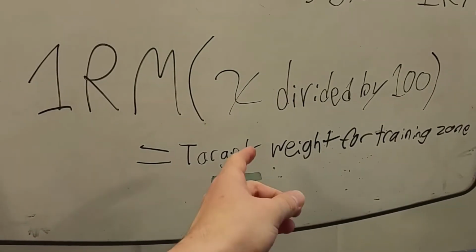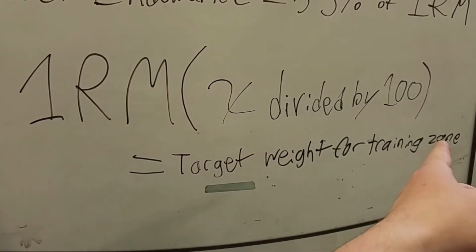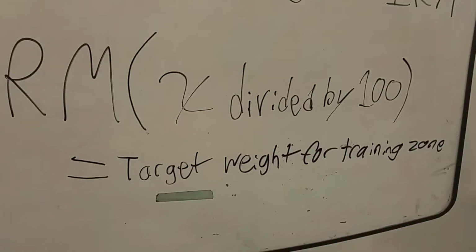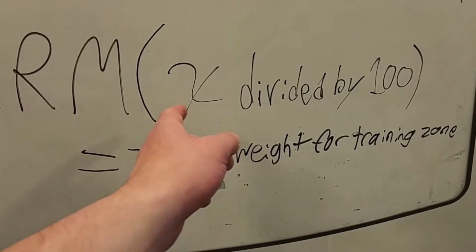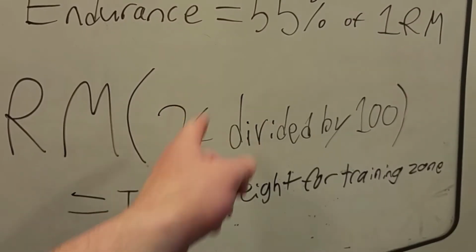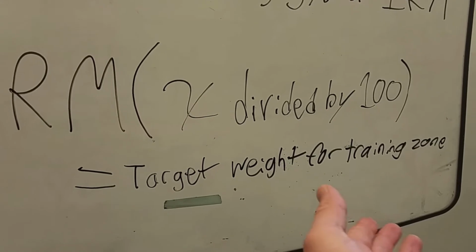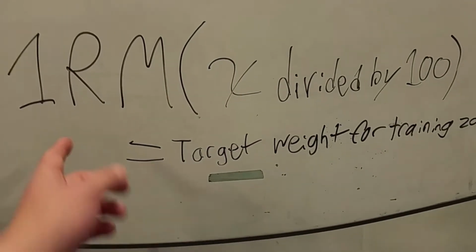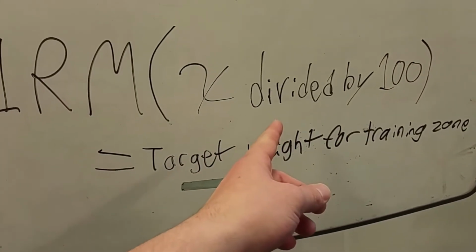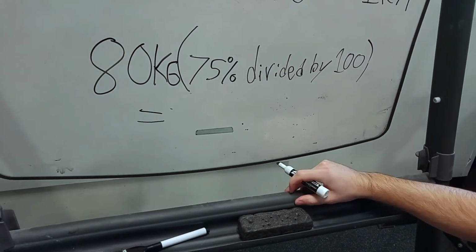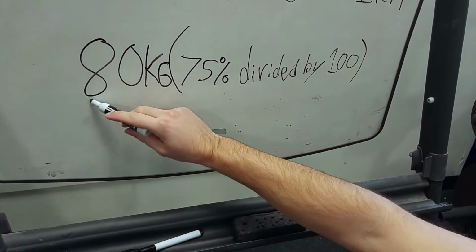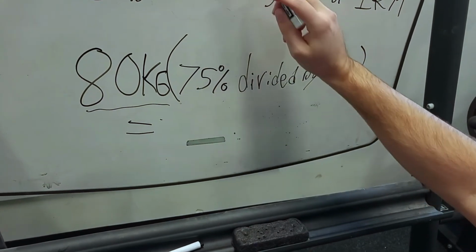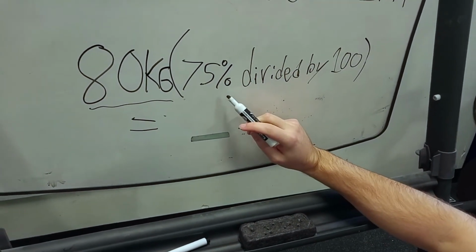So we will take that training zone and divide it by 100 to turn it into a good number. We need to divide our training zone percentage into a decimal, so we will be dividing it by 100, as you can see here. In this equation, we're going to be using some multiplication and some division. So if we're going to do our example calculation using our 1RM of 80 kilograms, and we want to figure out doing a hypertrophy exercise, that's 75% of our 1RM.